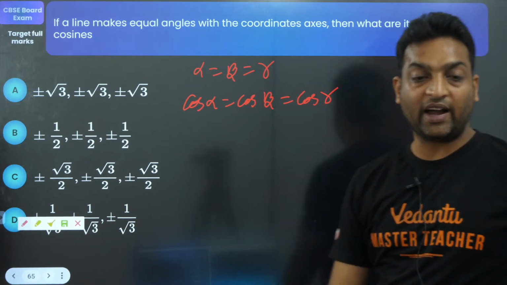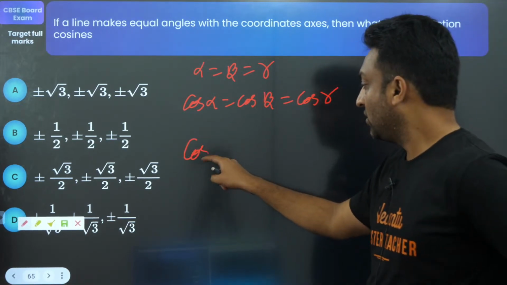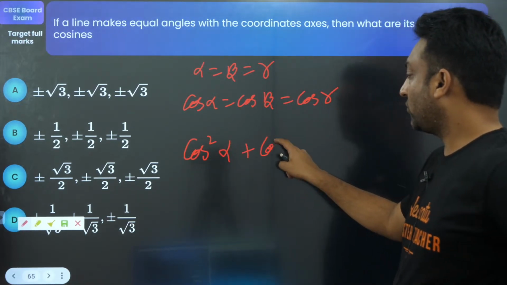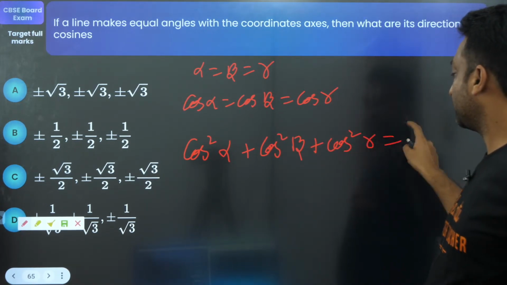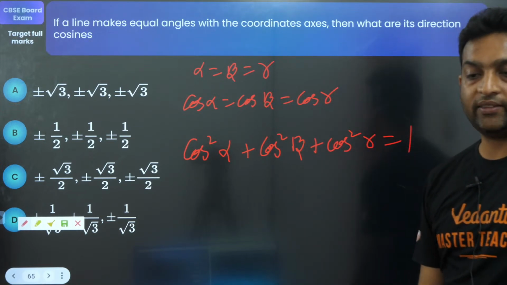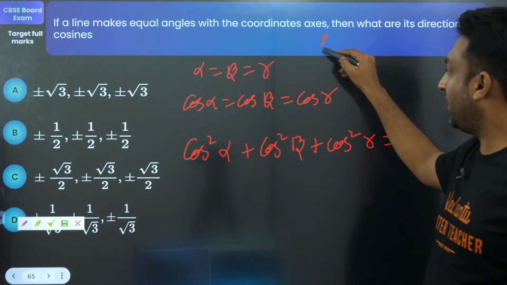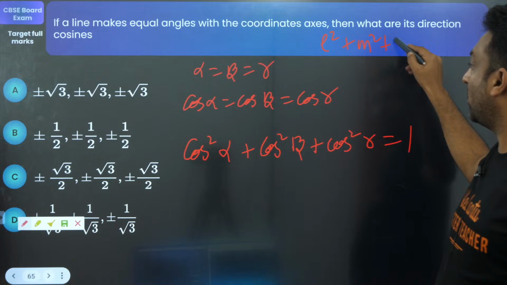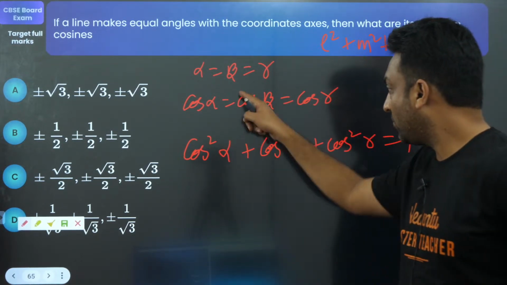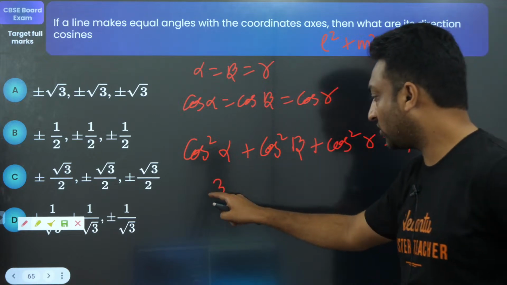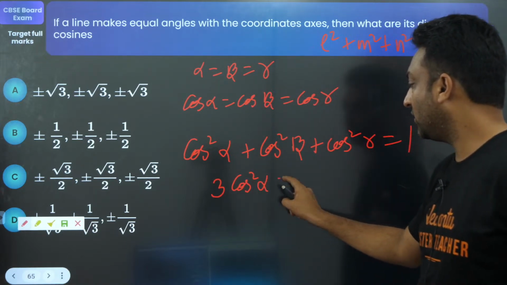Now we know that cos square alpha plus cos square beta plus cos square gamma is always equal to 1. Direction cosines, if they are l, m, n, then l square plus m square plus n square is always 1. This you have to remember. But cos alpha, cos beta, cos gamma are equal. So 3 cos square alpha is 1.